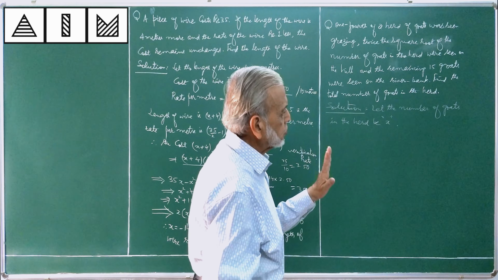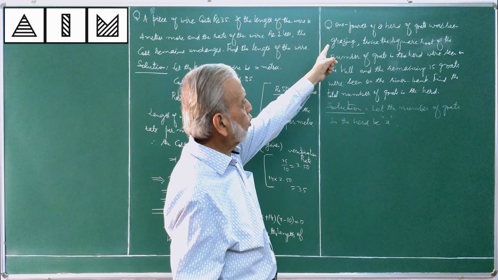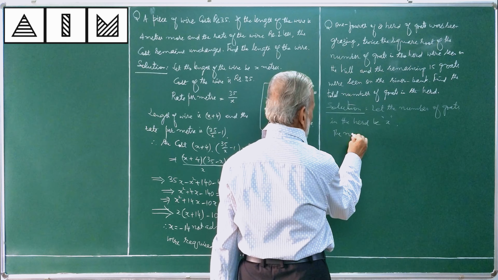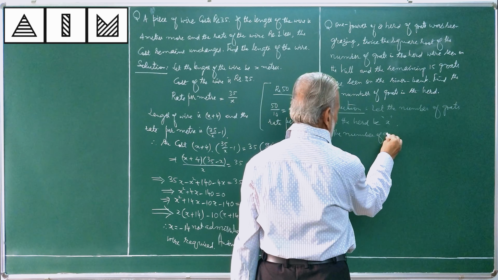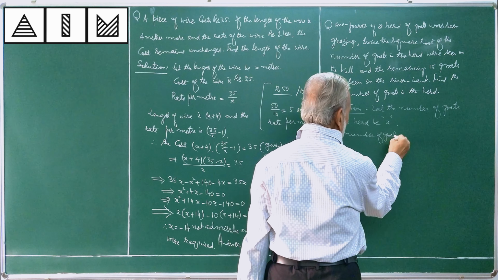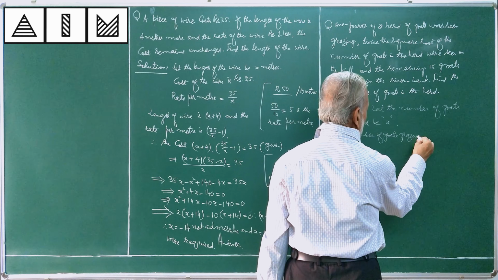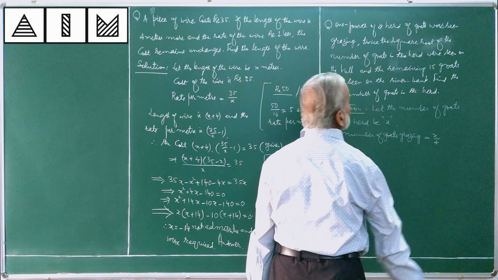Total number of goats in the herd x. Question says 1/4 was seen grazing, x by 4.